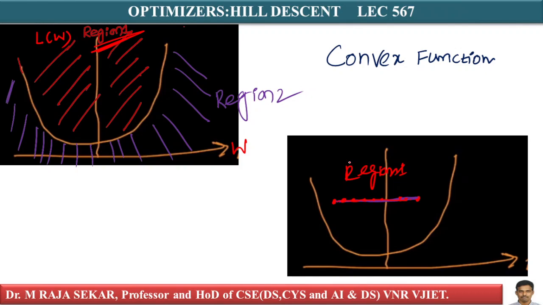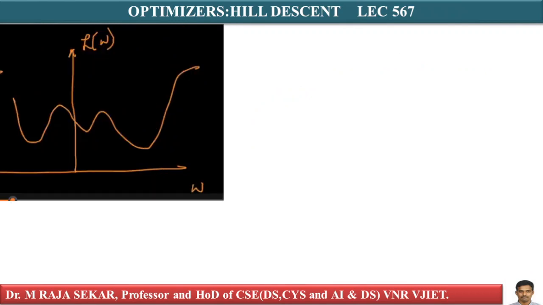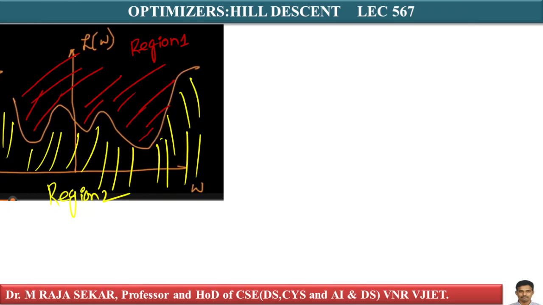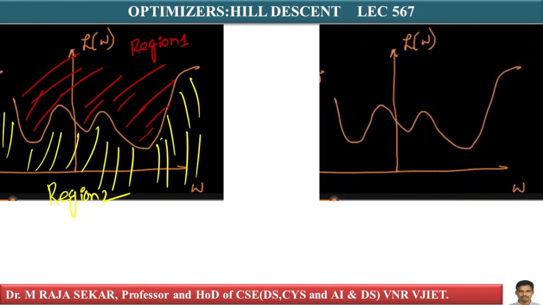Let me draw a non-convex function so that you can understand. Suppose I have my w on the x-axis and on the y-axis I have my L of w. Suppose I have a function like this. This is region 1, this is region 2. This particular function is dividing this region into two regions. Let me take any two arbitrary points in region 1. Let me say this is the first point, this is the second point.